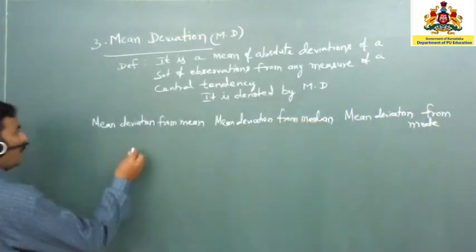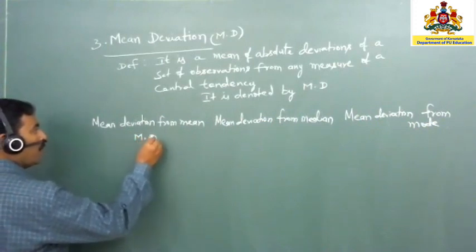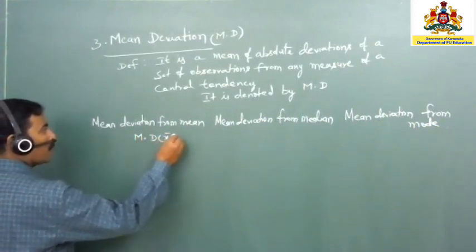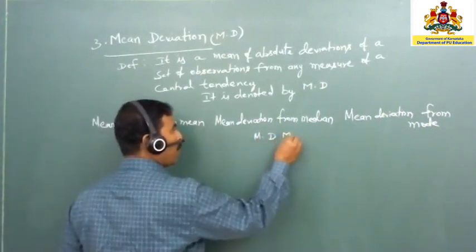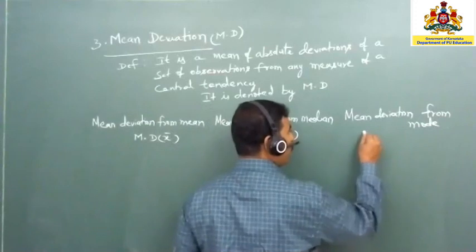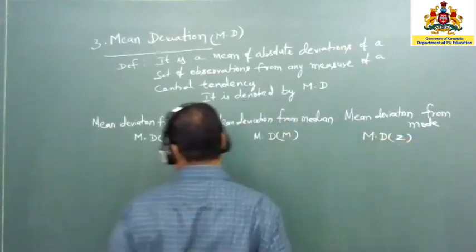So symbolically, mean deviation from mean, x bar. Mean deviation from median, bracket capital M. Mean deviation from mode, symbol is Z.